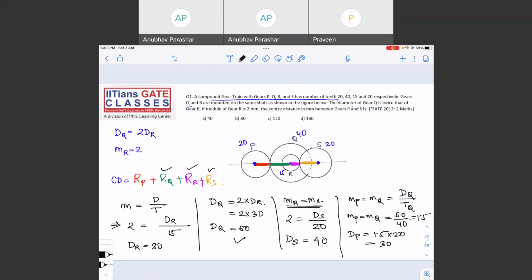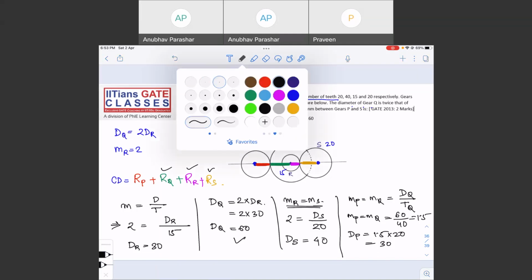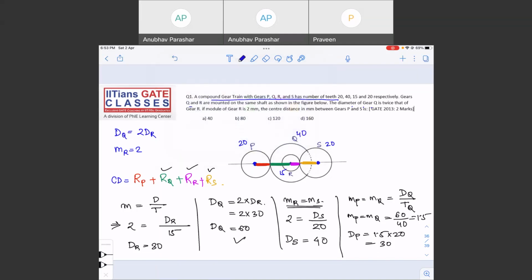The center distance is the sum of the radii of all the gears. So you can say 30 plus 60 plus 40 plus 30, divided by 2. 60 plus 40 is 100, 130, 160, divided by 2. So the answer will be 80. The answer will be B, 80.